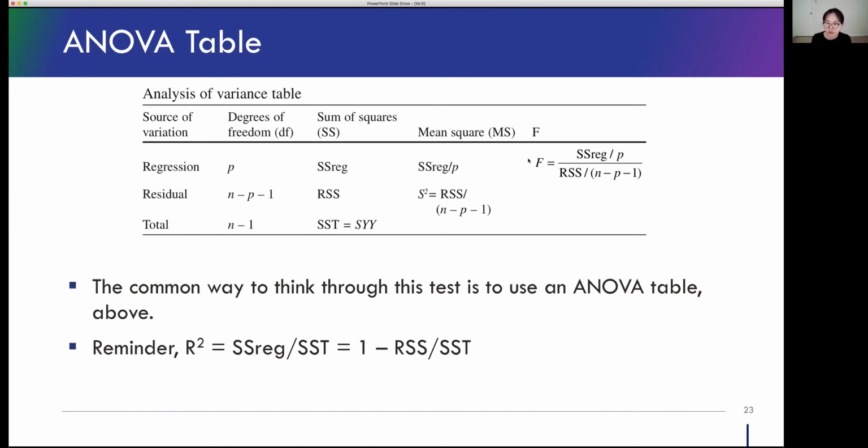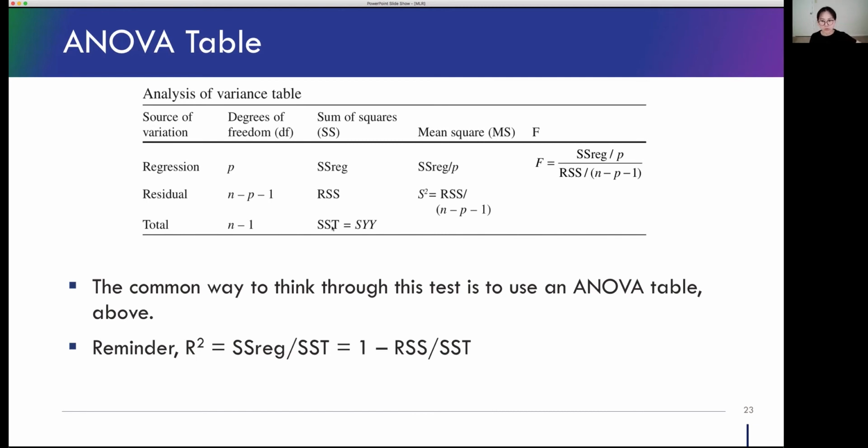And correspondingly, we have the sums of squares: SS reg, residual sum of squares, and SST, total. What we use for this F statistic is basically the mean squares, where the numerator is a mean square. The mean square is just the sum of squares divided by its degrees of freedom. Similarly here, and this F statistic is just this one divided by this one, right?